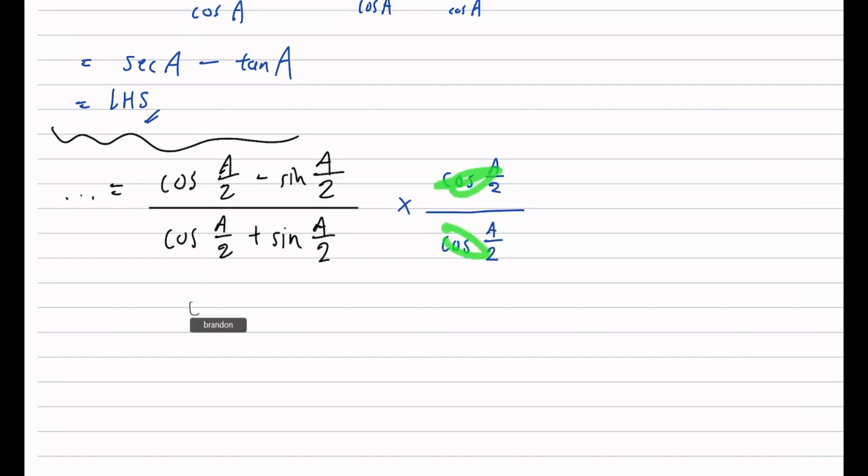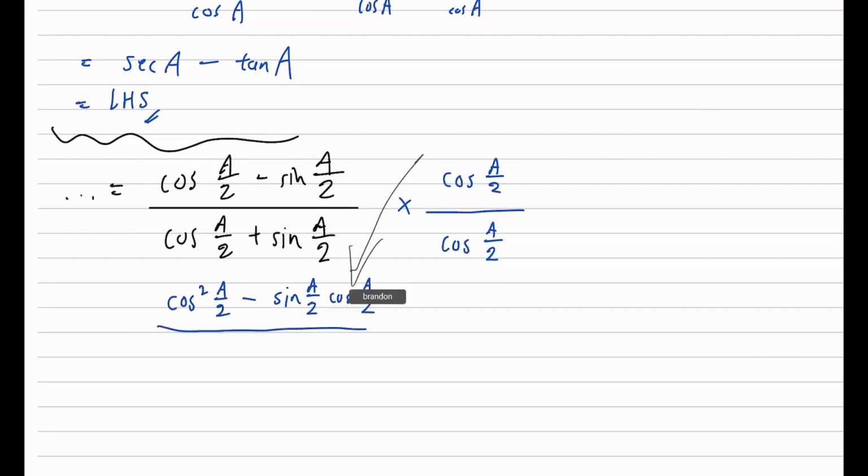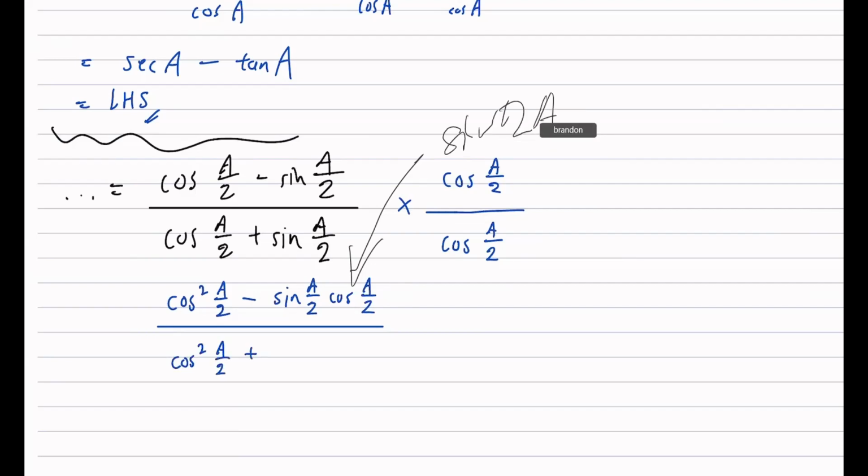So it becomes cosine square A over 2 minus sine A over 2 times cosine A over 2. This looks like the sine 2A one. Yes, correct.